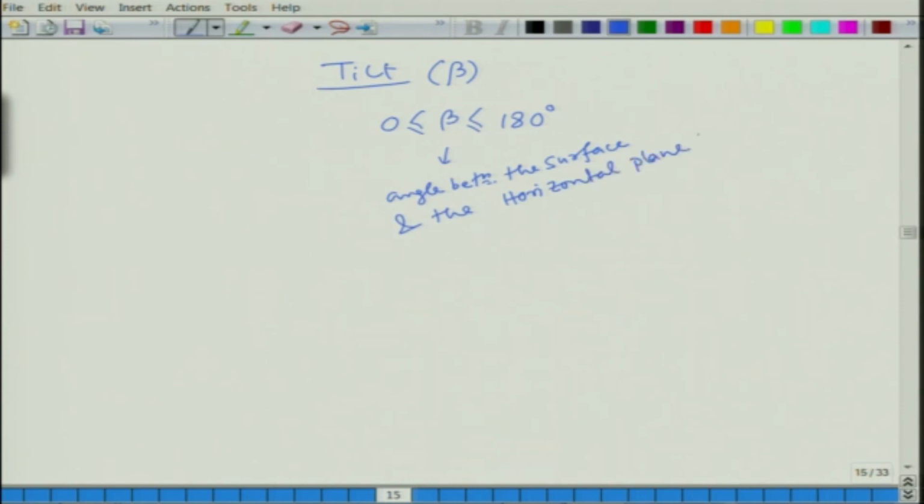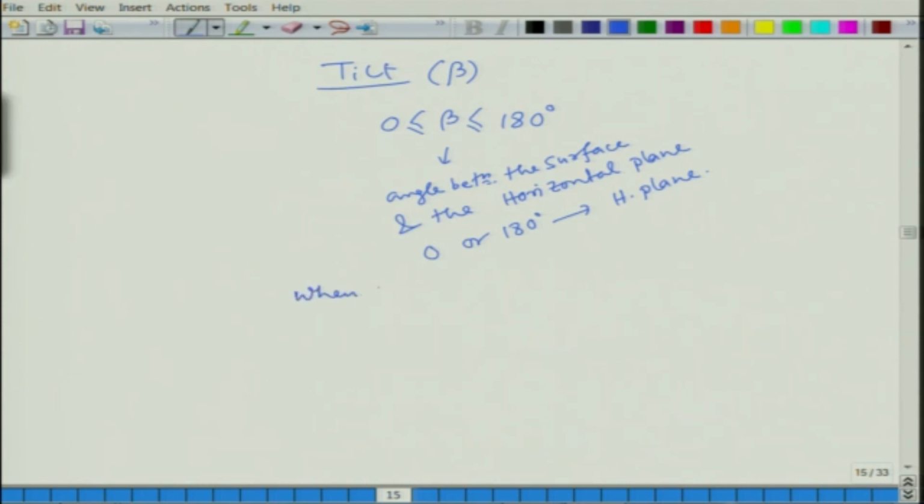When it is 0 or 180, it is the horizontal plane itself, and in between it can go up to 90 degrees and then till 180 degrees.